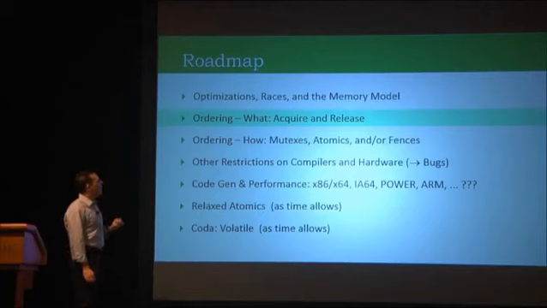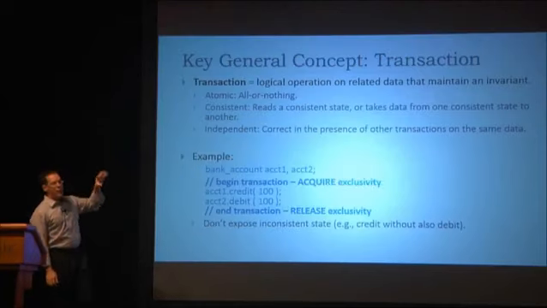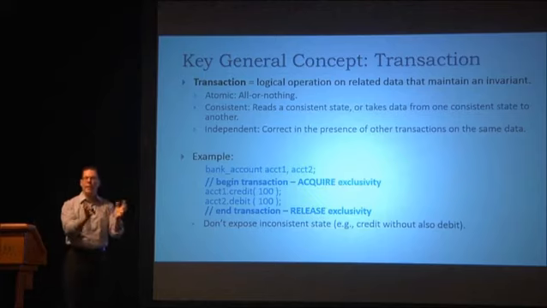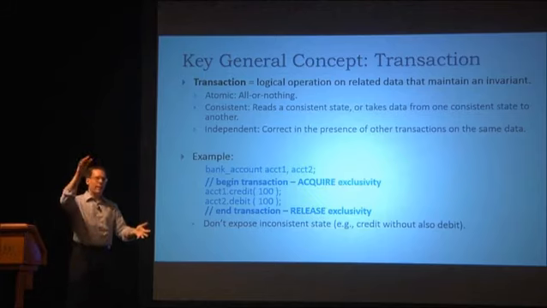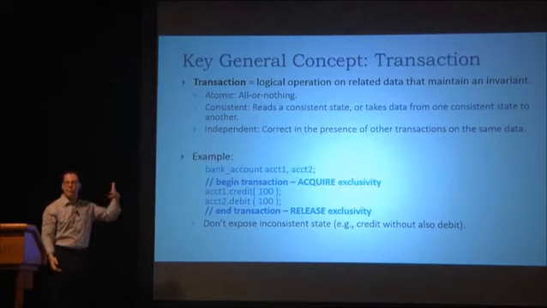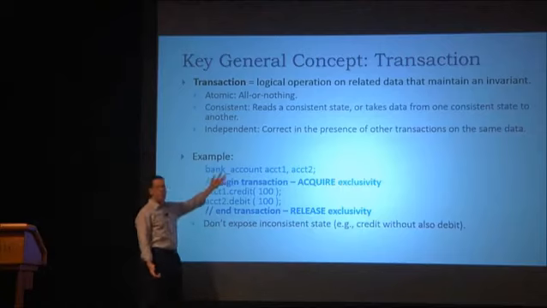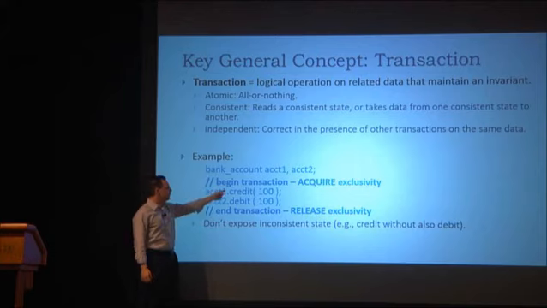So now let's talk about what acquire and release orderings do. First, the key concept is of a transaction. A transaction says if I take the system from one valid state to another, it better be atomic, take the system from one consistent state to another, and be independent, so if I have two transactions, they don't conflict. An example is, let's say I have two bank account objects, and I credit 100 to one, and I debit 100 from another.